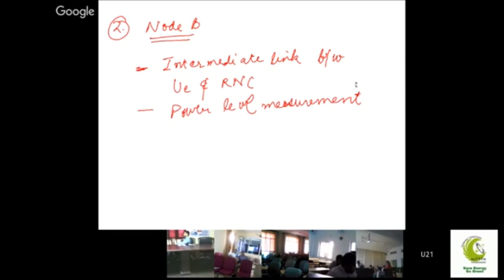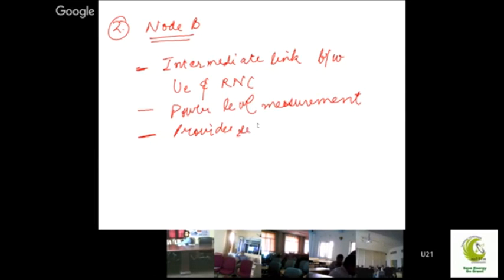So power level measurement is performed at both ends, by the user equipment and by the node B. Plus, it provides security.